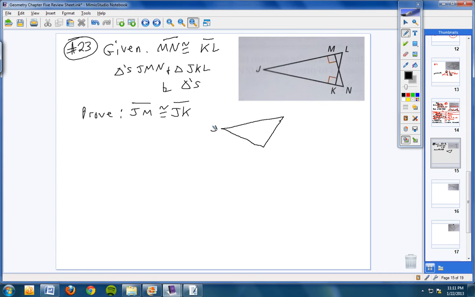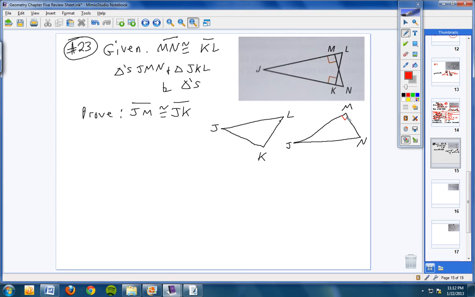We're going to call that J, L, K. And then the other triangle, come up like this, and then down, and then over, and we're going to call this J, M, N.